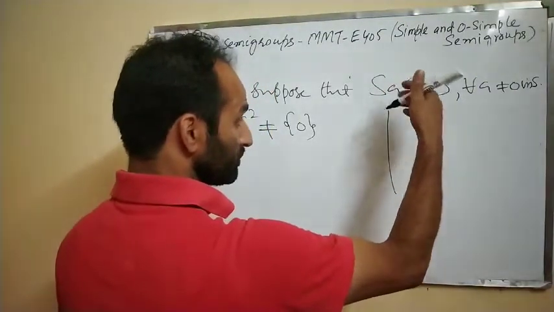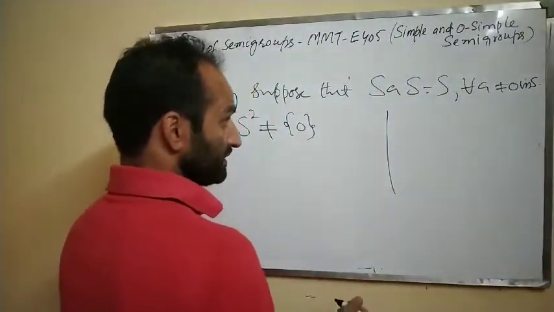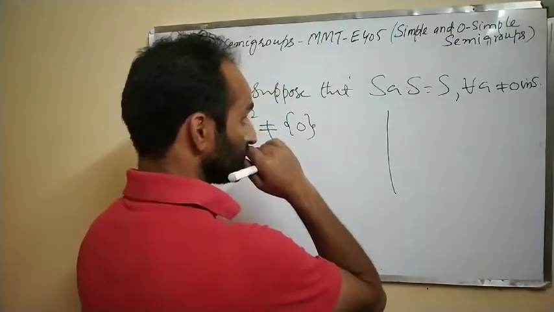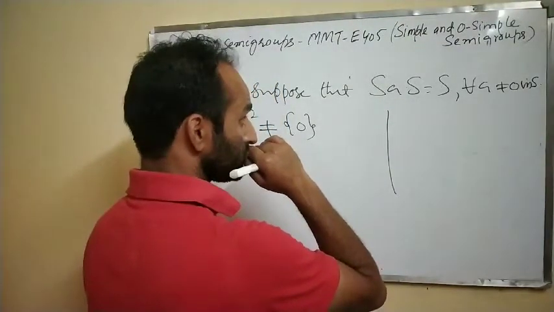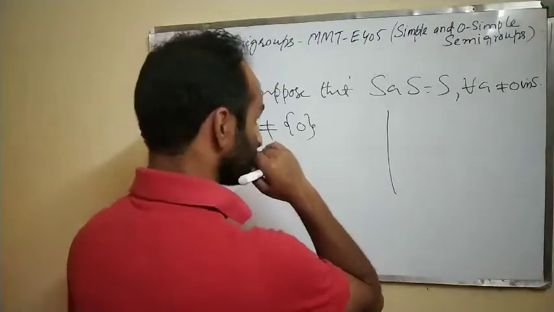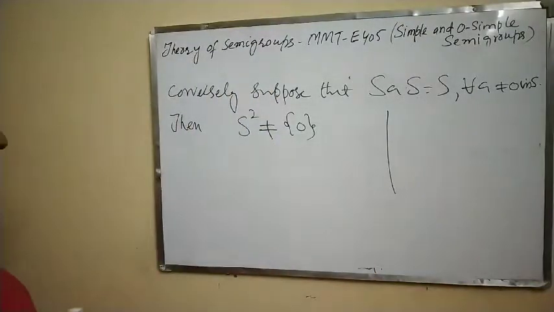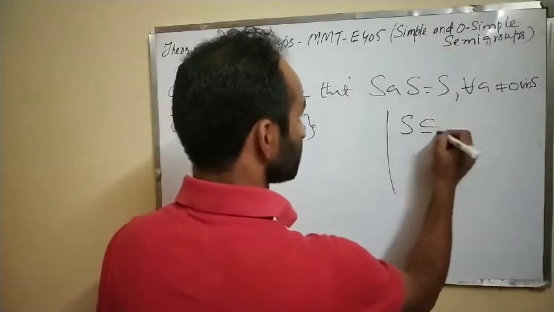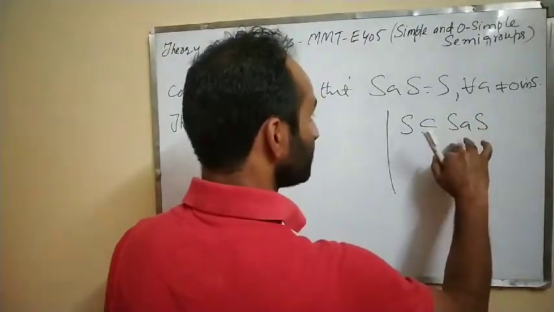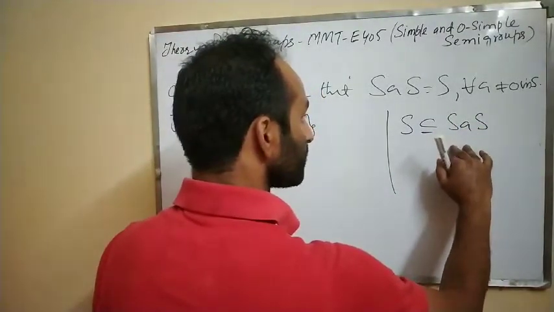So can I say this SAS is a subset of S cube? So here you can see S is equal to SAS where A is not equal to 0.